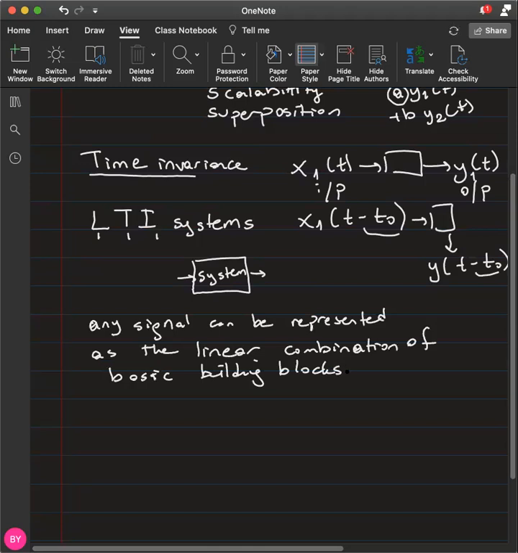Building blocks means we will use Dirac t and Dirac n in our applications. So any signal will be represented with Dirac t and Dirac n.